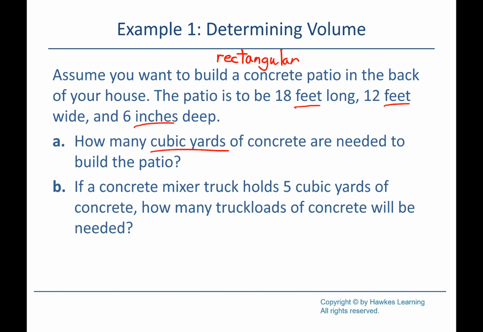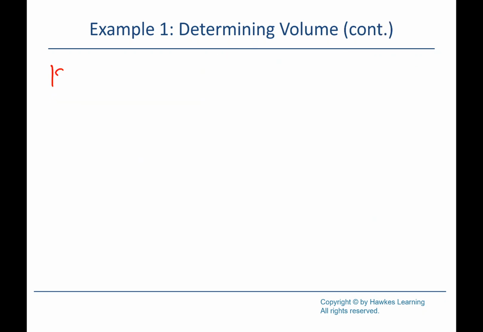But I think this one's a little bit easier if we convert our units first to match our answer. So here, what I'm going to suggest is that we take our length, width, and depth and change it to yards before we find the volume. So I'm going to copy our measurements down here. We've got 18 feet, 12 feet, and 6 inches.